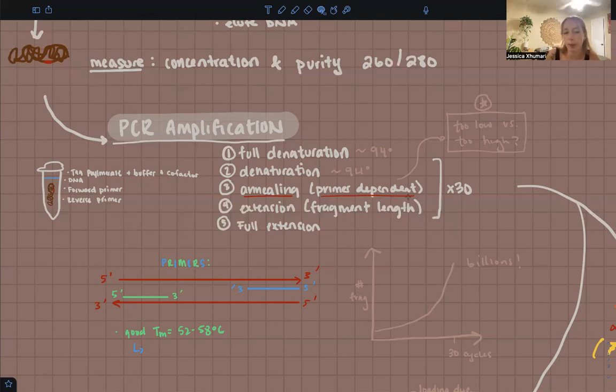So I want you to pause and think about what would happen if the melting temperature or the annealing temperature of the PCR program was too high compared to the actual melting temperature of the primers. Okay. And then think about if it was too low, if it was too cold.